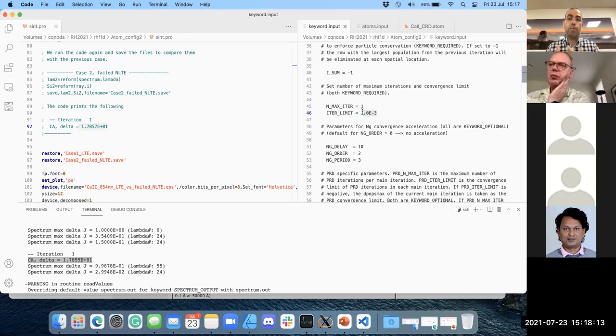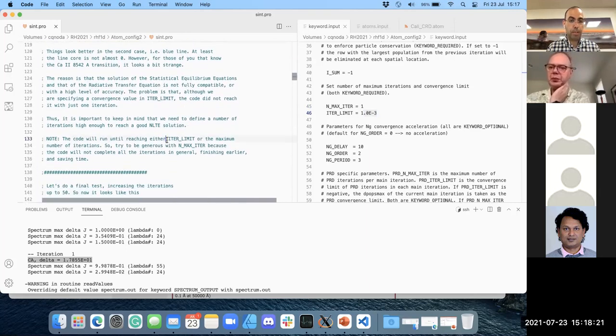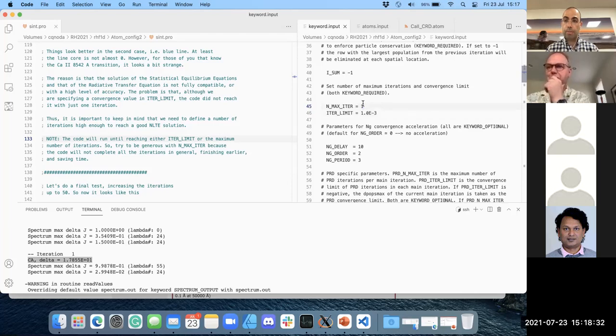So it's important to provide more iterations. My recommendation is, if you define a relatively normal iteration limit like this one, and you put a big number here, like imagine 1000, the code will reach this iteration limit much earlier than 1000, probably in 20 or 50 iterations. So my recommendation is to be generous in the case of maximum iterations, and relatively demanding in this case.